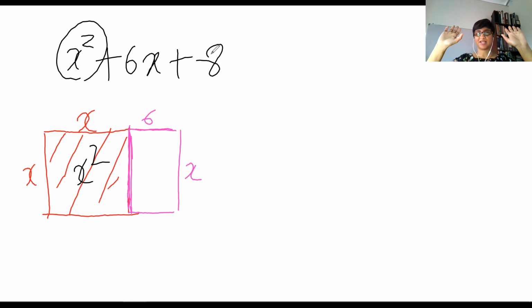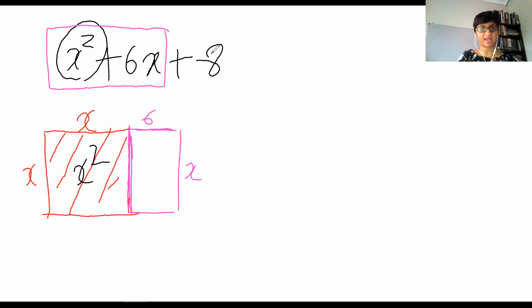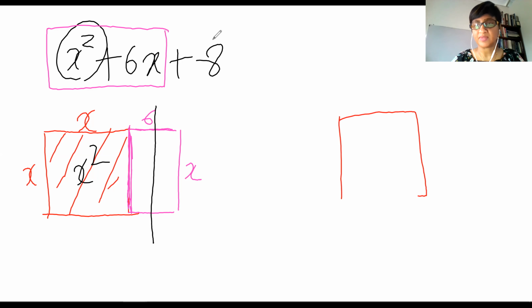Now what I do is I take those 2 terms. So I have these 2 pieces, and I want to make a perfect square. I'm trying to complete a square. Like what I did earlier, I break this right in half like that. So I will draw this again, I'm showing you what I'm doing there. I break that piece into 2, leave one right there and bring the other one down.